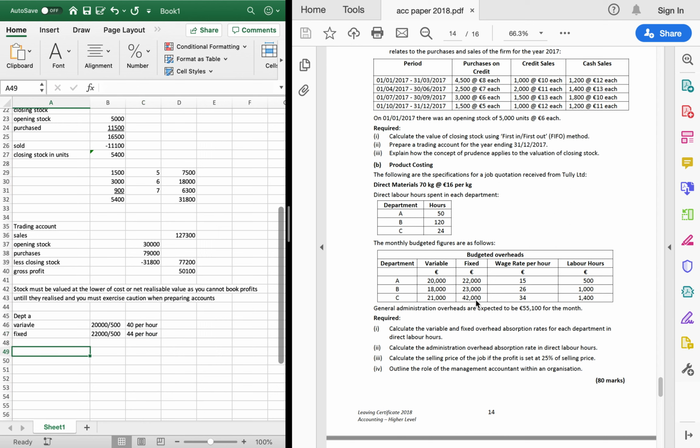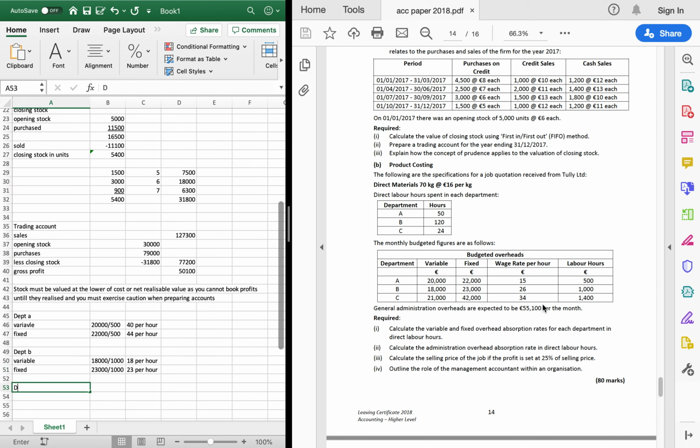For department B, same thing. Variable is 18,000 divided by 1000, which is 18 per hour. And fixed is 23,000 divided by 1000, which is 23 per hour.